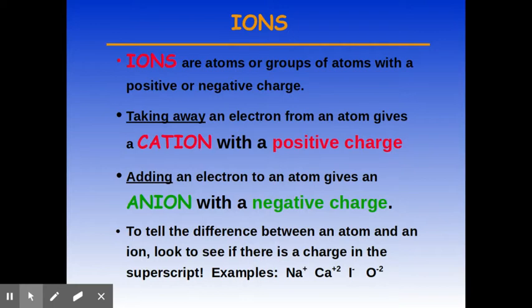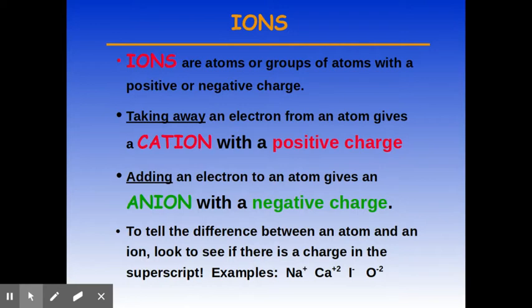So here are some examples. A sodium with a plus sign like that means that sodium has a +1 charge. So it's a cation, which means it has lost an electron. Look at your periodic table right now. Find sodium. You see its atomic number is 11.